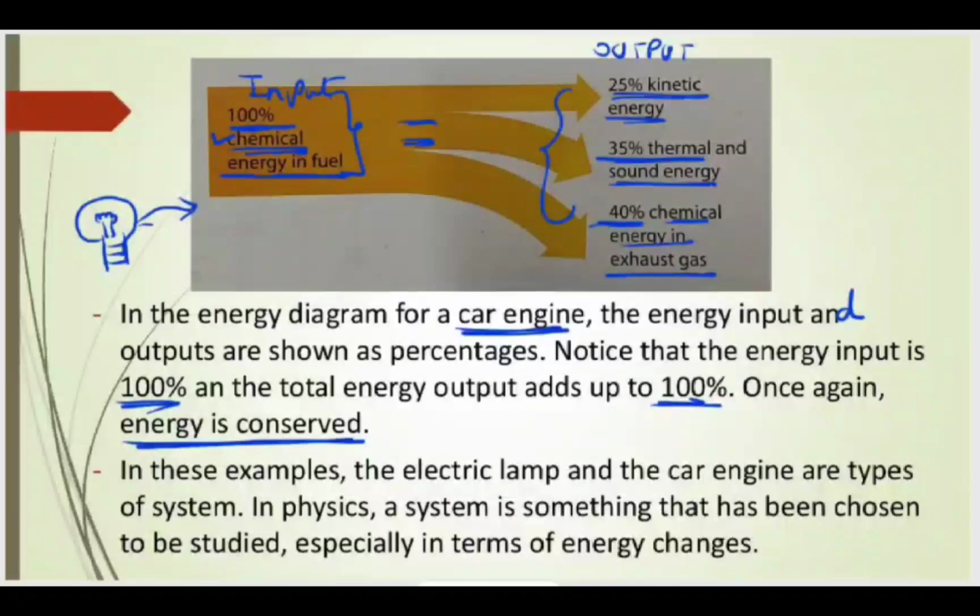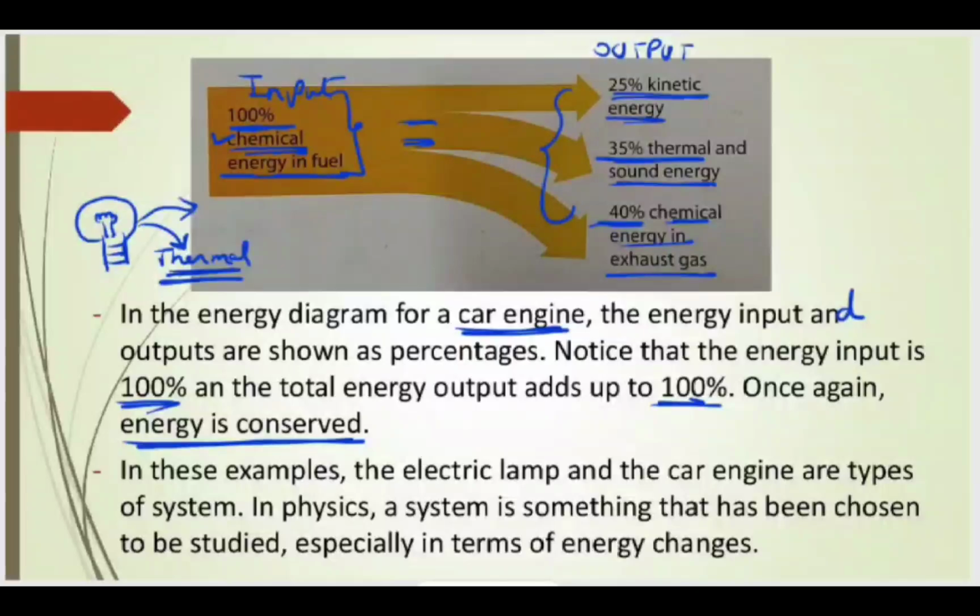So much energy has been given out as thermal energy or heat energy. So this thermal energy for a light bulb is actually a waste. So is my light bulb 100% efficient? Does my light bulb show me 100% efficiency? No.